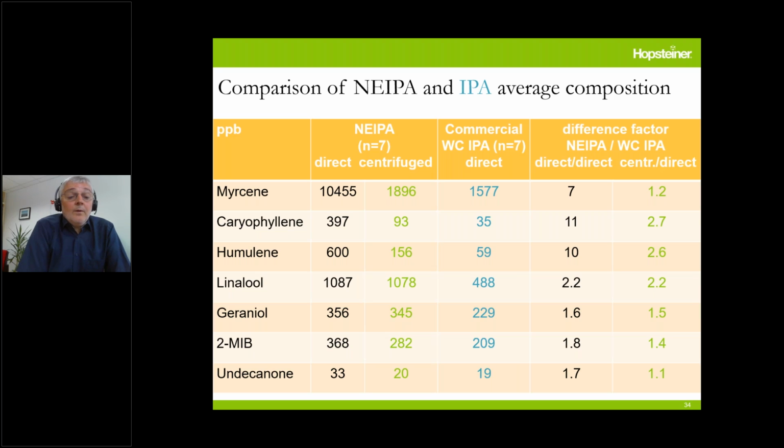And for the middle polar compounds, the esters and the ketones, you see a certain reduction after centrifugation. But again, in all cases, higher concentration in the New England IPAs after centrifugation as compared to the West Coast IPAs. So the New England IPAs in the end show record levels, or the highest levels, of aroma compounds you can detect in any beer style.